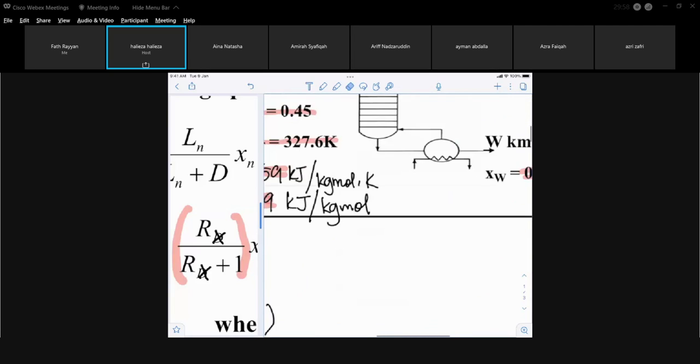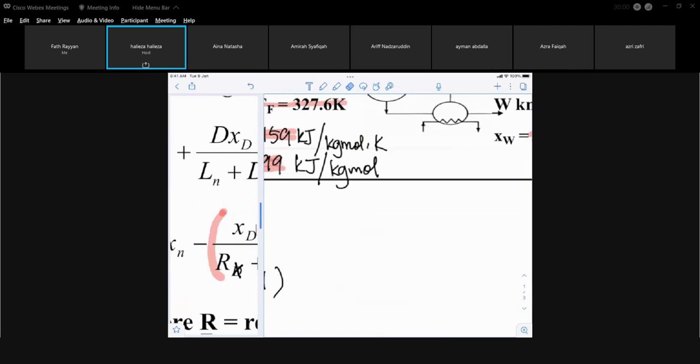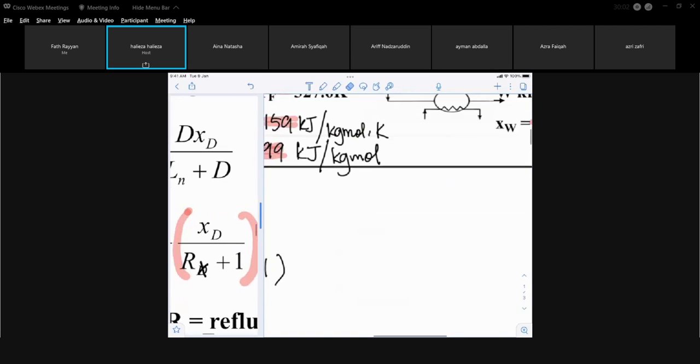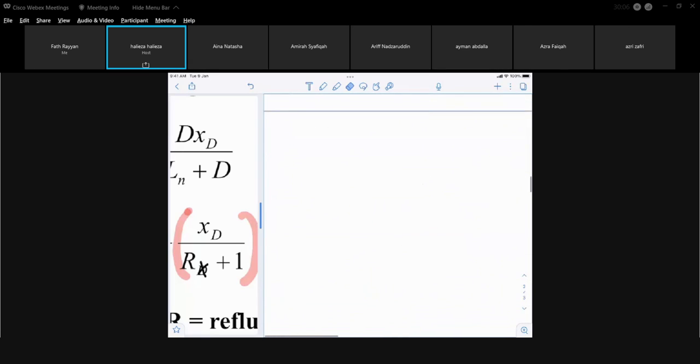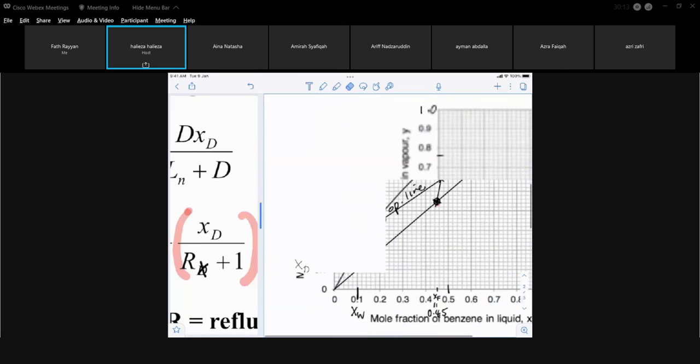So for our y-intercept, that is the equation for the y-intercept. To calculate that value for our example, where is my graph? There's the graph.